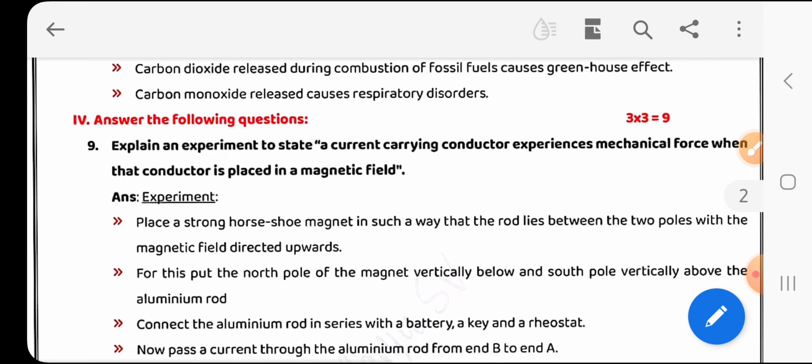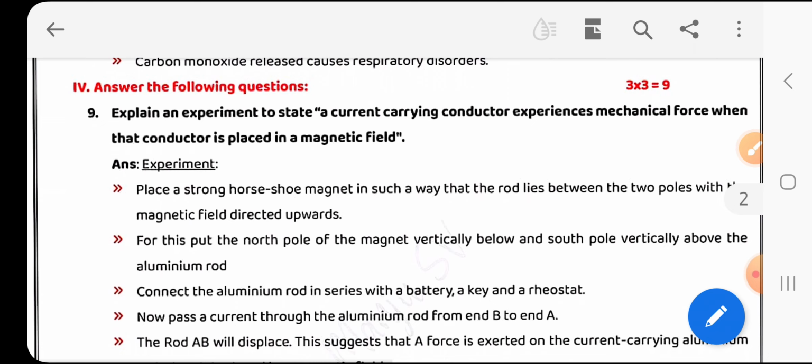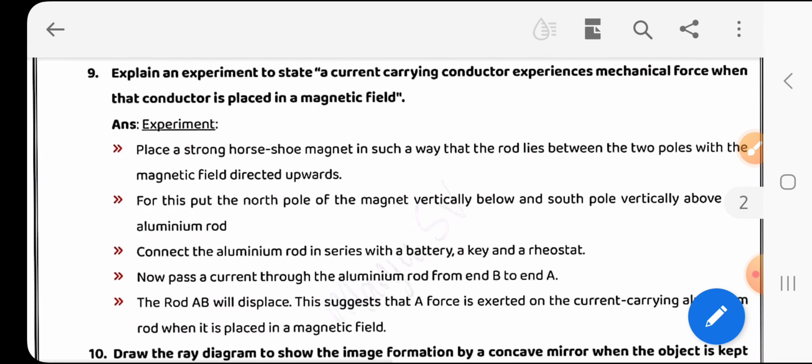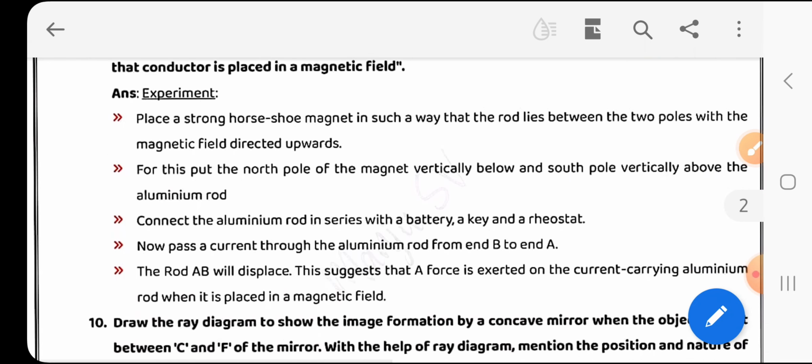Explain an experiment to show that a current carrying conductor experiences mechanical force when placed in a magnetic field. So the experiment is as follows. Place a strong horseshoe magnet in such a way that the rod lies between the two poles with the magnetic field directed upwards. For this, put the north pole vertically below and the south pole vertically above the aluminium rod.